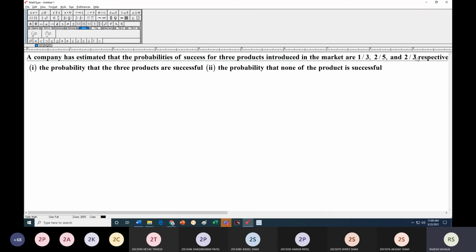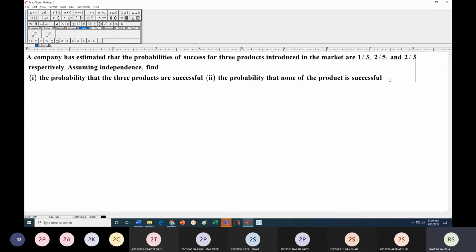These are the probabilities. ध्यान से सुनना. There are 3 products. How many products are there? 3. Let us take one as product 1. Its probability of success is given as P of A, 1 by 3. First product probability is 1 by 3.